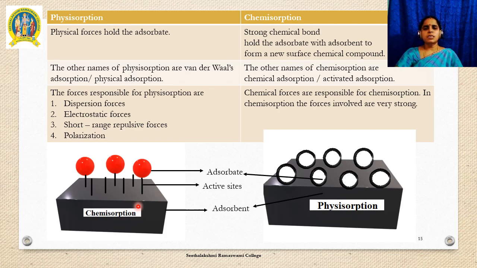The forces that are responsible for physisorption are dispersion force, electrostatic force, short range repulsive force, and polarization. The chemical forces are responsible for chemisorption. It is the strongest force involved.